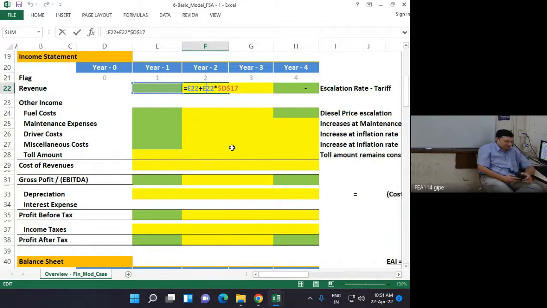Yes, given. Correct. Revenue for year one.